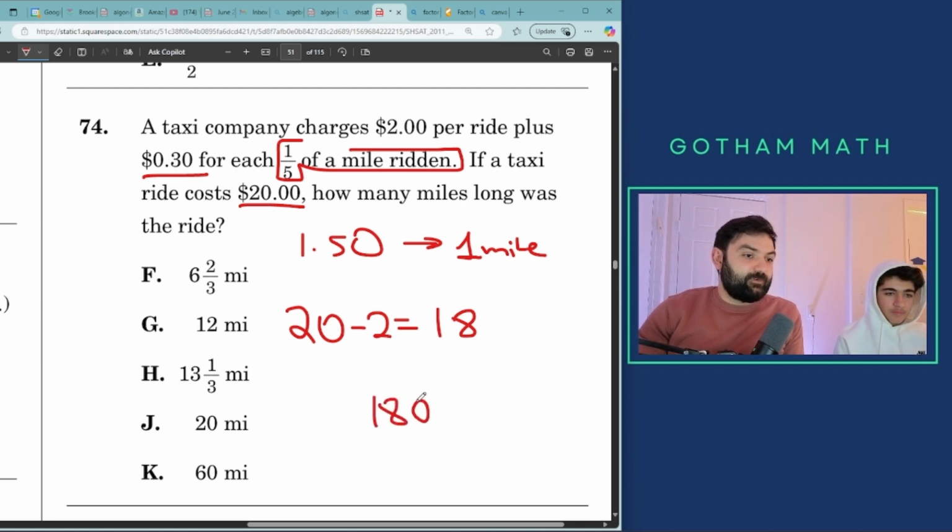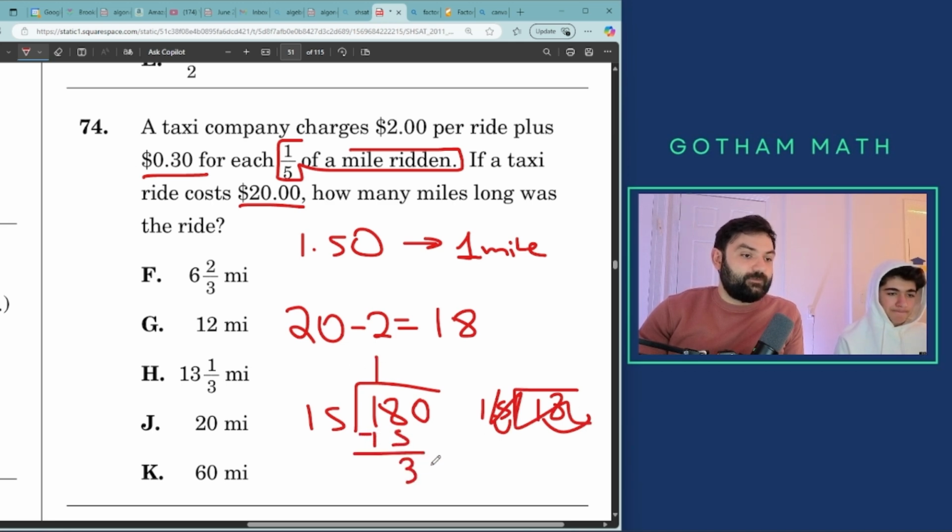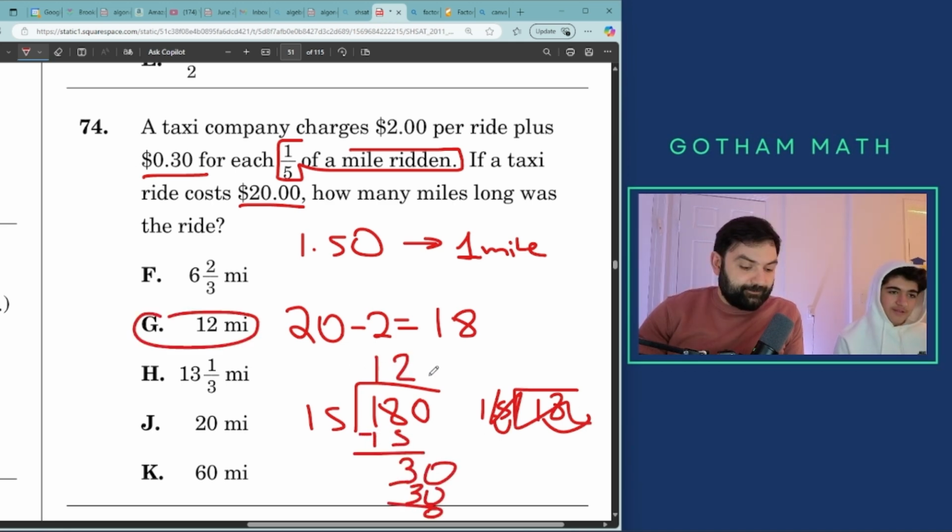Or technically 180 divided by 15, because I'm already skipping a step. So 1, 15, 30. Does it make sense? Don't fall for this. If they give it to you like this, make it easier first and then think of solving.